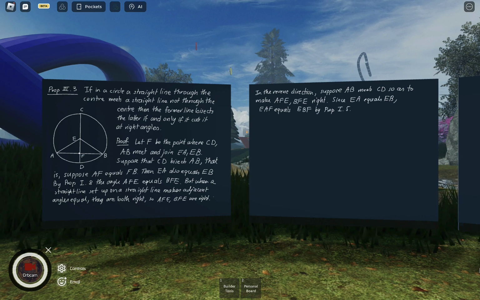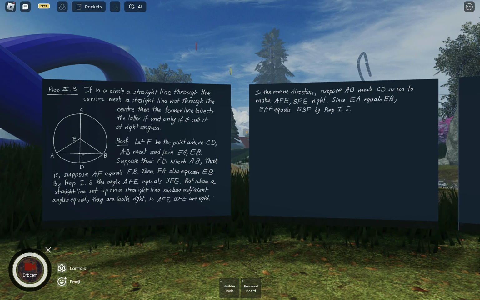So we have, what do we know? So we're assuming there's a right angle, so that's BFE and AFE. Wait, no, I'm thinking of the wrong proposition. No, yeah, we're not up to that part yet. I'm skipping ahead. So proposition 5, we have that AFE and BFE are right. All we need is that they're the same.